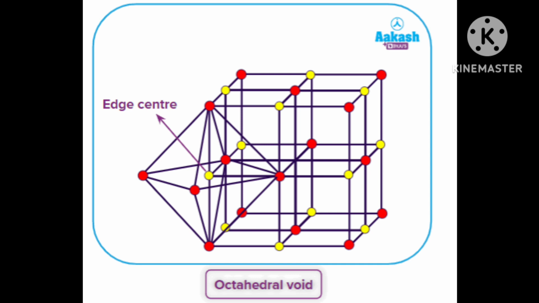Then 1/4 of each void is the contribution belonging to a particular unit cell. Because to make one void, 4 unit cells are required. Then what is the contribution of each unit? 1/4.